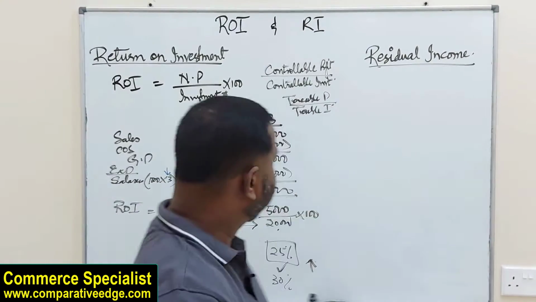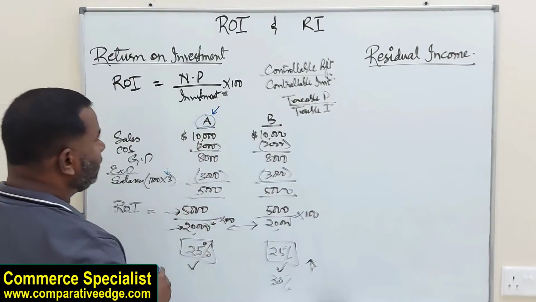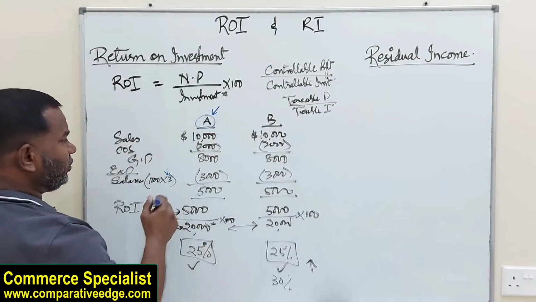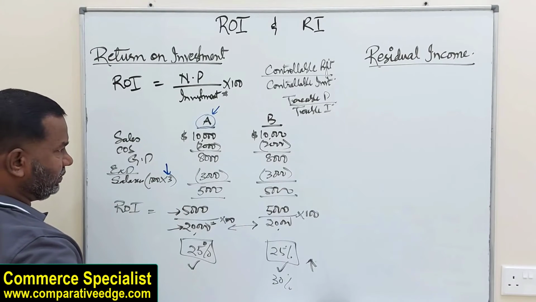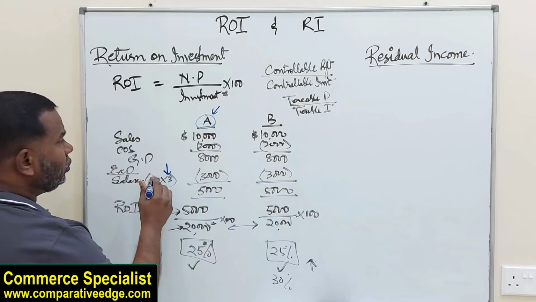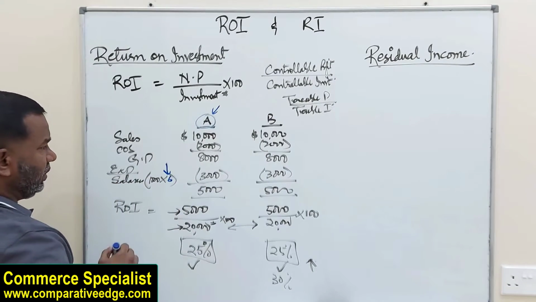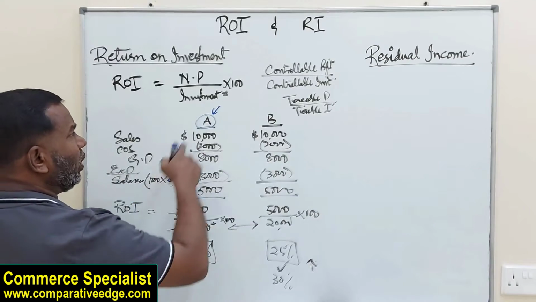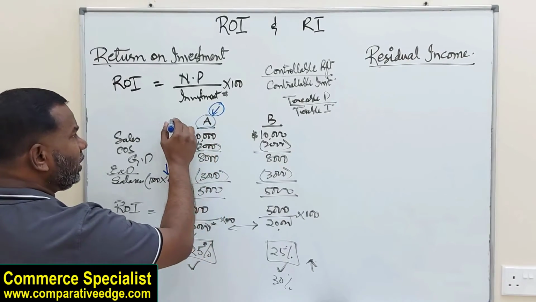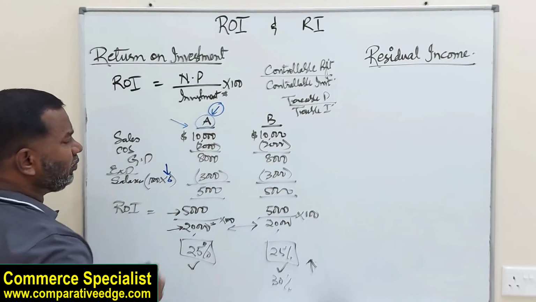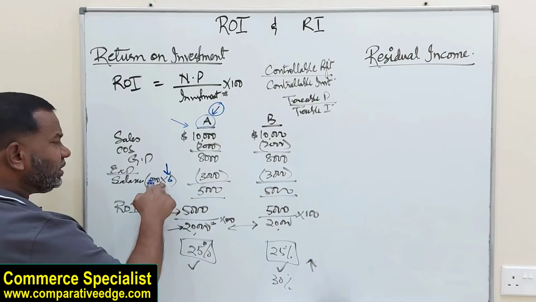Let's assume manager A, his boss, the general manager, told him that you don't need 3 employees. Instead, you need 6 employees in your department. So in that case, what is happening? The top management is interfering into his department and forcing him to hire not 3 but 6 employees.